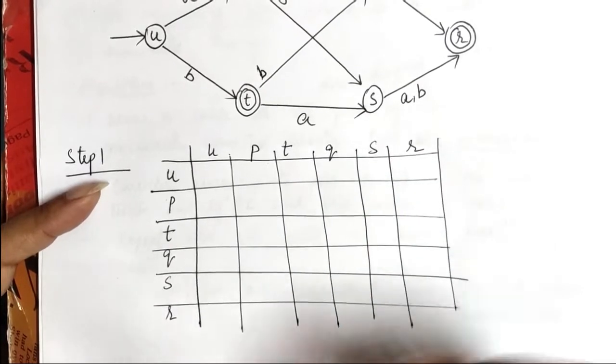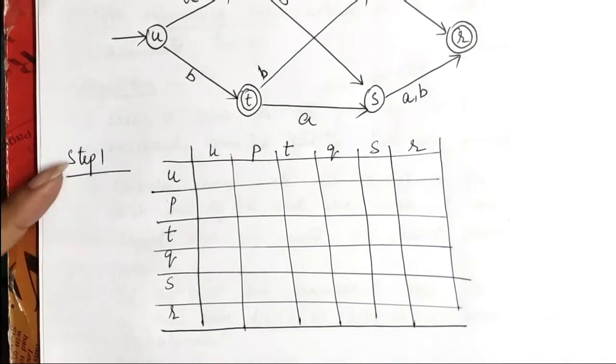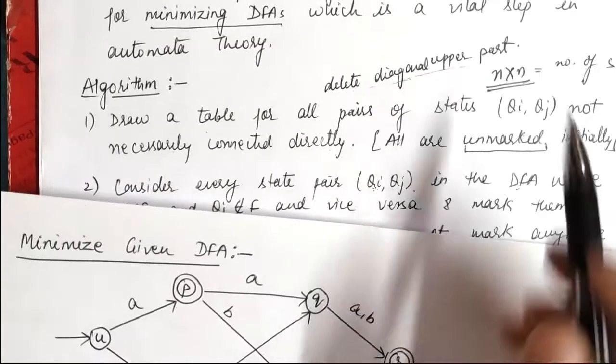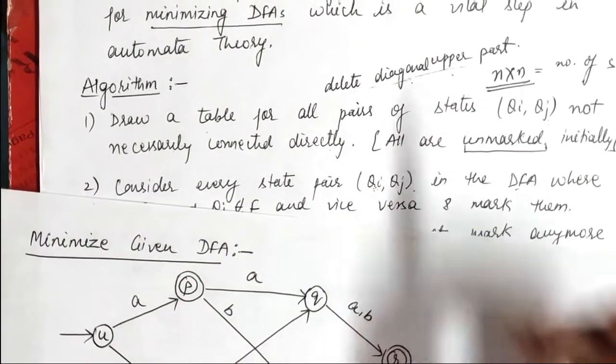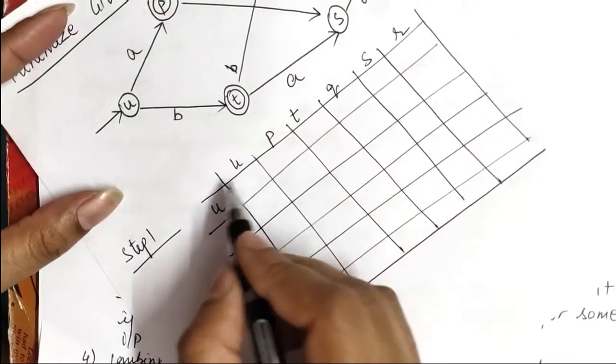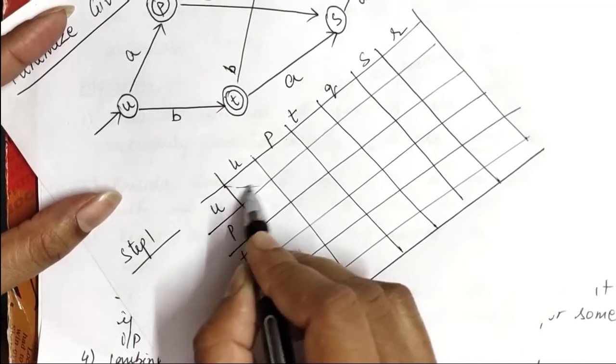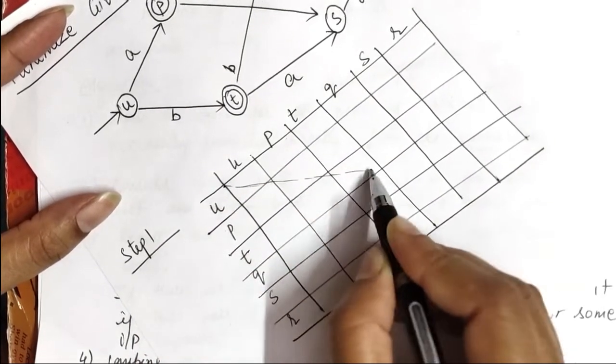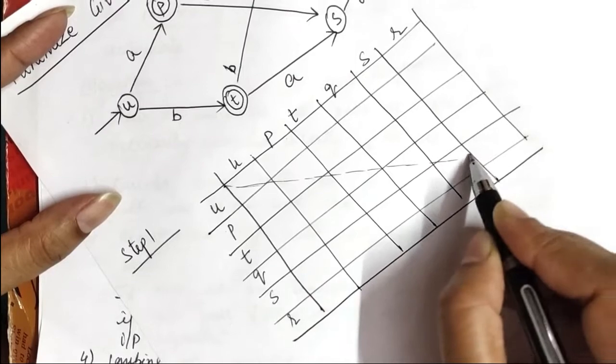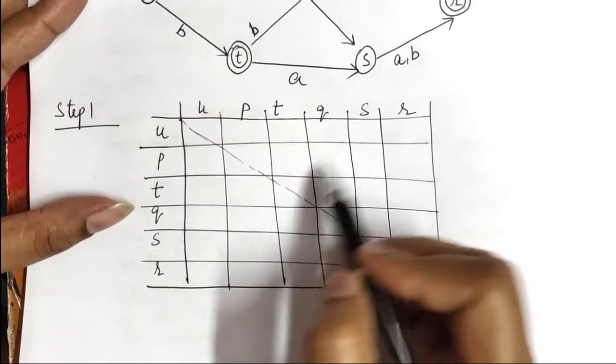In the first step itself, we have to delete the diagonal upper part. So we draw a dashed diagonal line like this and delete the upper part of this diagonal.